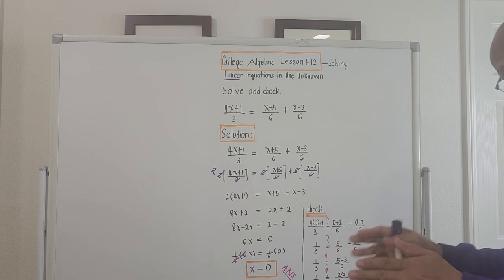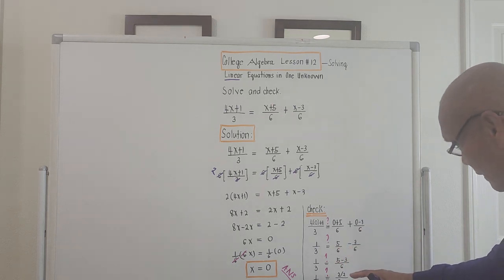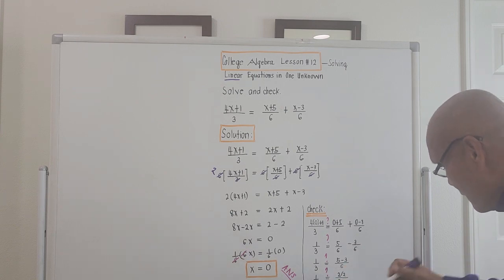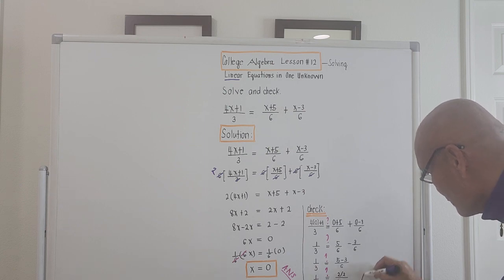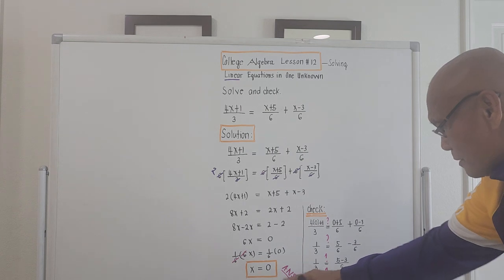It will not change the value. So what will I do? Will that be 2 over 2 over 6 over 2, right? Because 2 over 2 will be 1 and 6 over 2 will be 3. 1/3, is it really equal to 1/3? It is equal, so this is true. So our solution is correct.